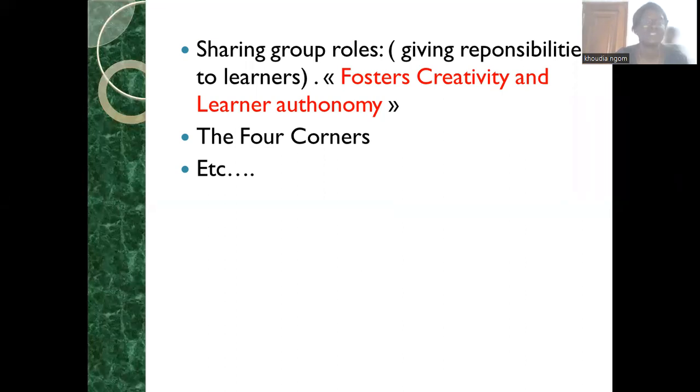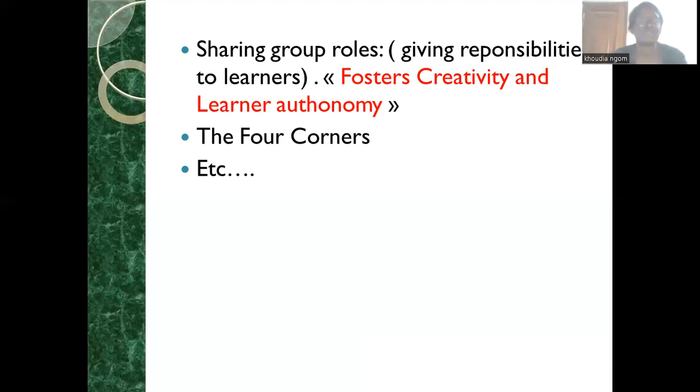The four corners is when we find four corners in the classroom, and we can do whatever activity we want. For example, in the first corner I put agree, in another disagree, totally agree, and another appreciation, and I just say a statement, and I say those who agree with this statement, please join this corner.